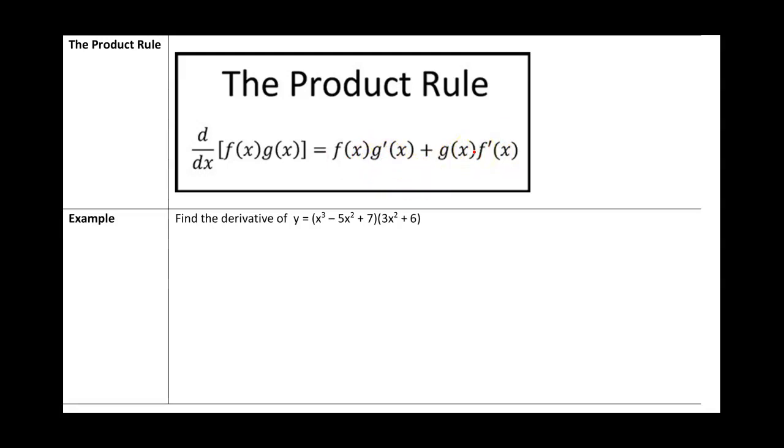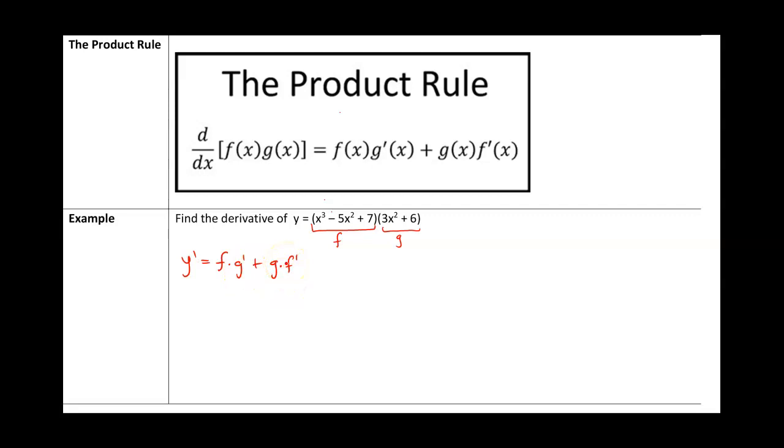So before we can do this, we have to designate one term as the f of x and one term as the g of x. So in this case, my first term will be my f and my second term will be my g. So according to the product rule, my derivative, so I'm going to say y prime, is equal to f times g prime plus g times f prime.